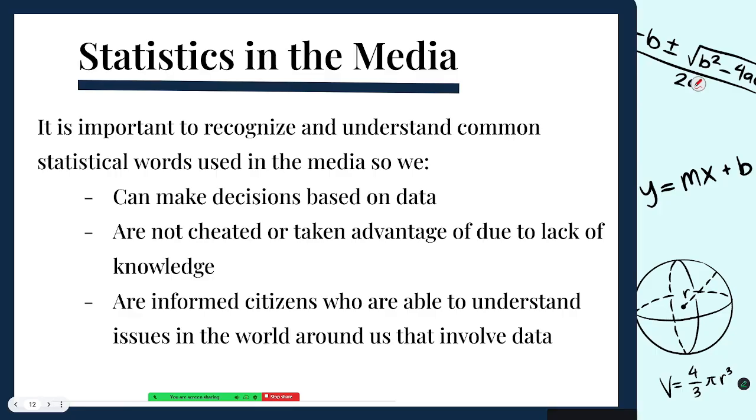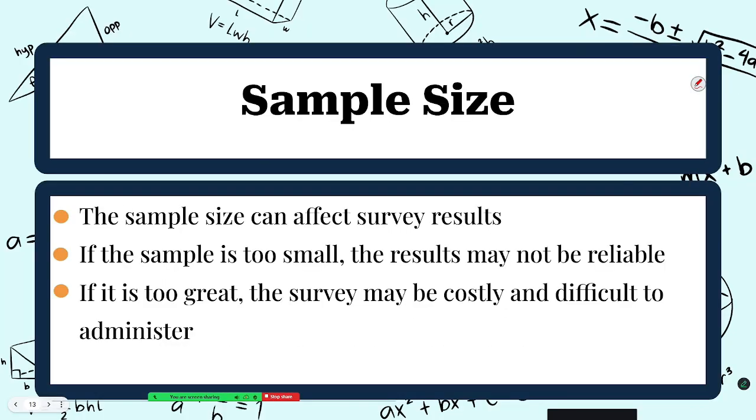But that's why we want to really look at, what is the y-axis? Is the scale appropriate? Are we being misled with 3D images of bar graphs? We want to be able to understand information that involves data.